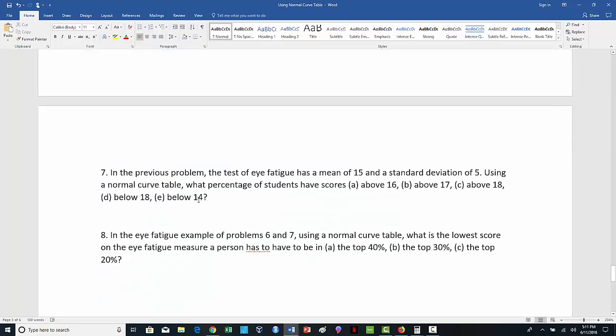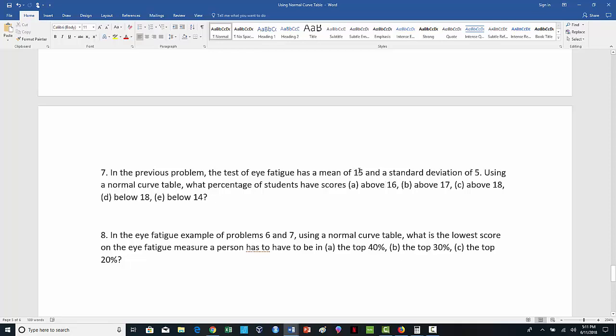And then the last one is asking about what percent are below a score of 14. Well, if you think carefully about this, we knew that for a raw score of 16, that was 1/5 of a standard deviation above the mean.